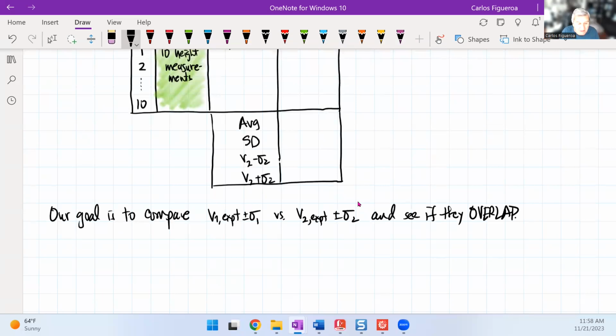If they overlap, they're consistent. And remember, this one is the one just by the launcher, and this one is the one that uses a combination of momentum and energy.